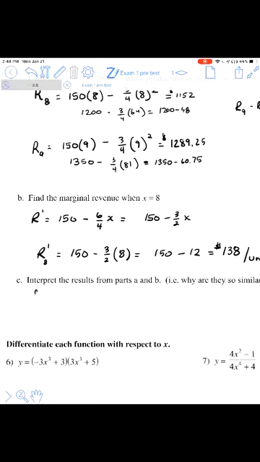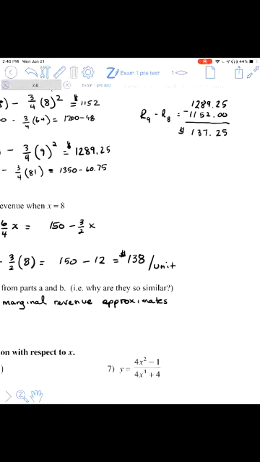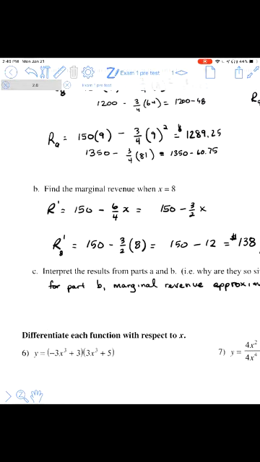So for part B, the marginal revenue approximates the change in revenue for a 1 unit increase at x equals 8 units.